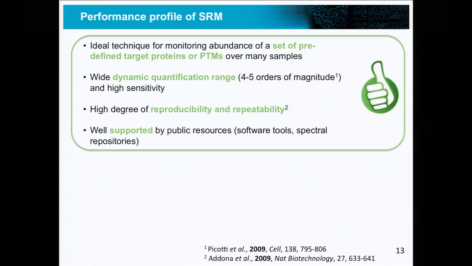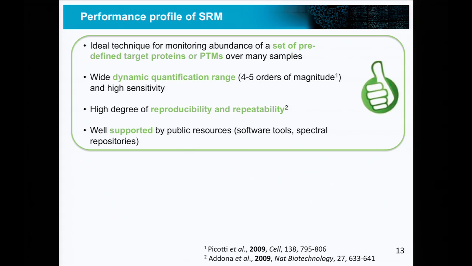SRM has a very wide dynamic quantification range, so you can quantify in one measurement proteins that have abundance differences in the range of 4 to 5 orders of magnitude. This is one of the biggest dynamic quantification ranges that you can span in mass spectrometry by using this SRM technique. Further, SRM is very reproducible and repeatable, as Rudy has also shown you based on some data already.